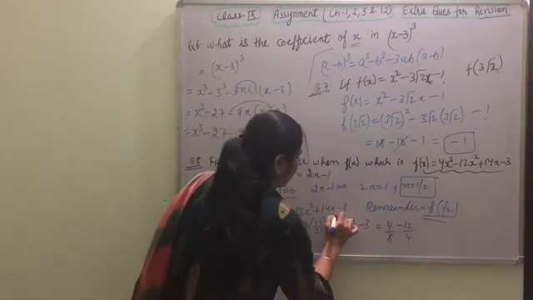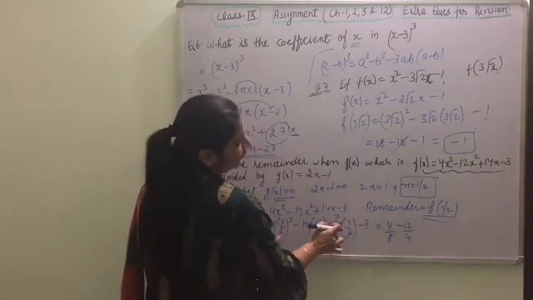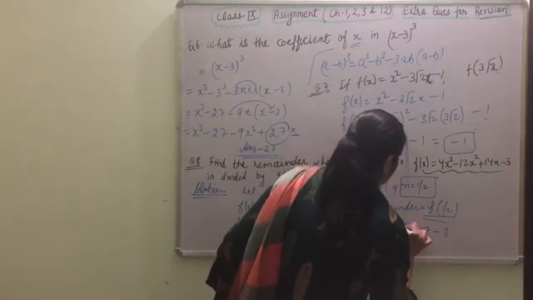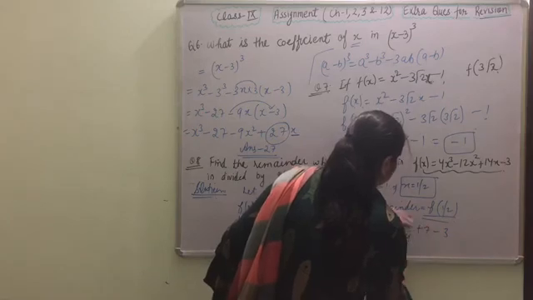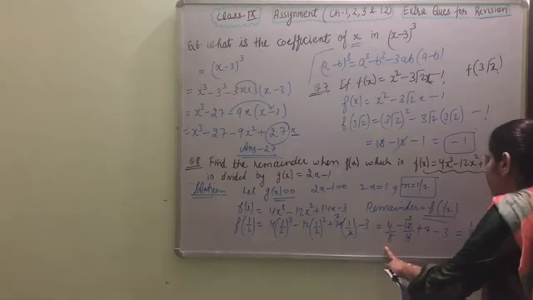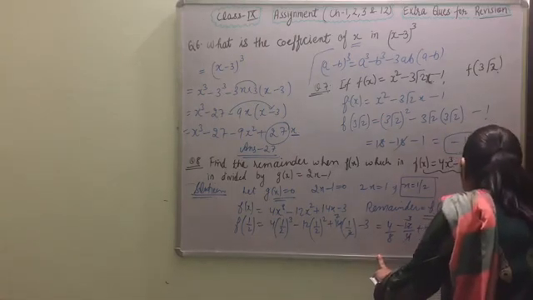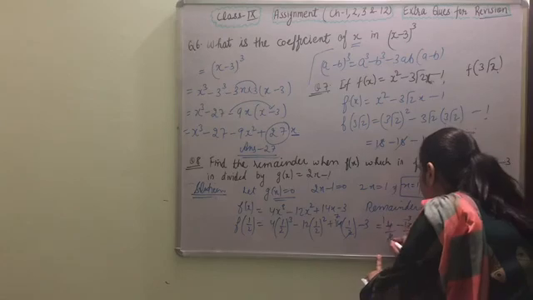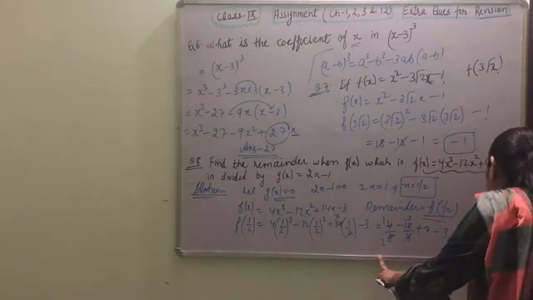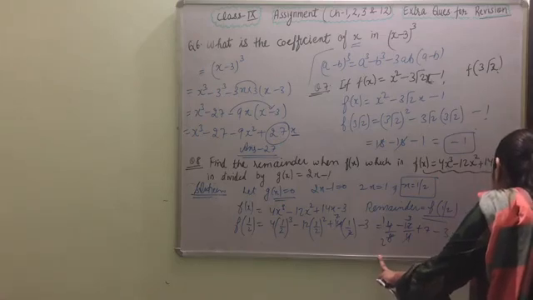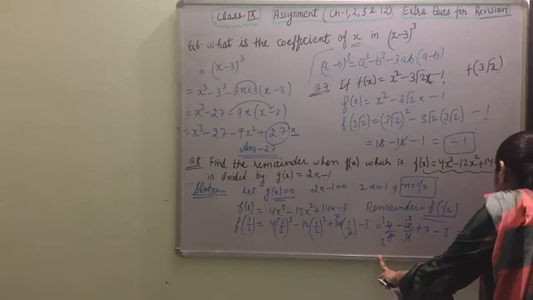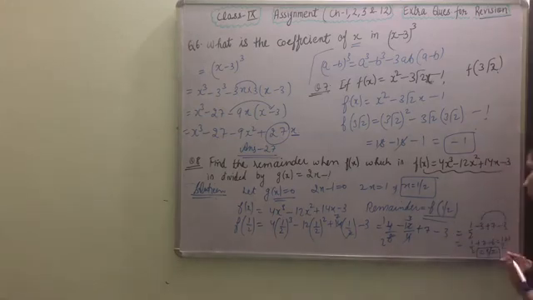Plus, 14 and 2 will be cancelled, plus 7, and minus 3. 12 and 4 will be cancelled, minus 3. 4 by 8 will be cancelled, 1 by 2. So 1 by 2 minus 3 plus 7 minus 3. So 1 by 2 plus 7 minus 6, 1 by 2 plus 1 which is equal to 3 by 2. So the final answer is 3 by 2.